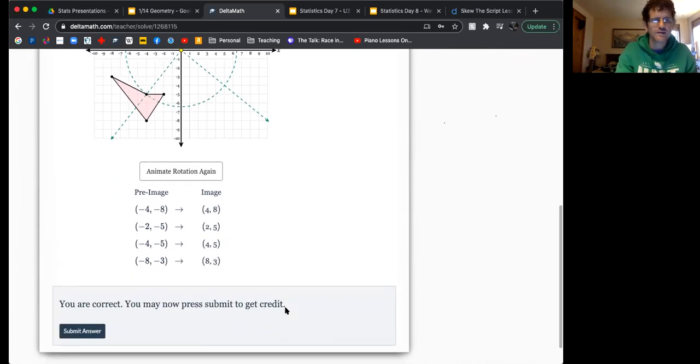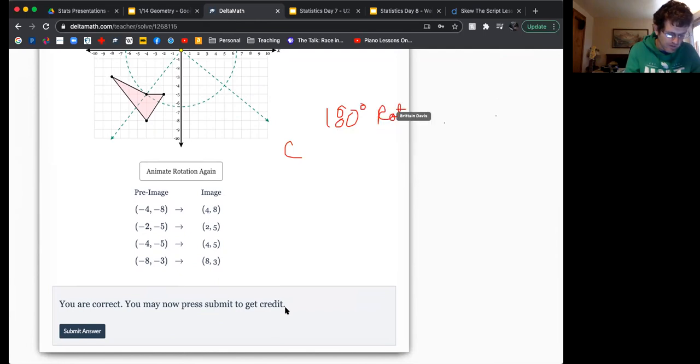And this was correct. So this I'm going to call C. This is 180-degree rotation. And this is going to be C of XY. So what happened to our coordinates when we did this?